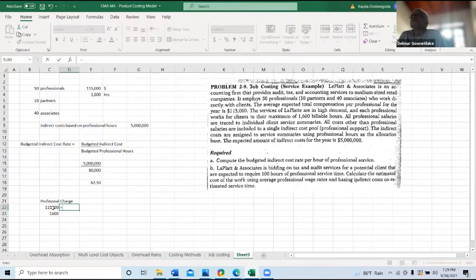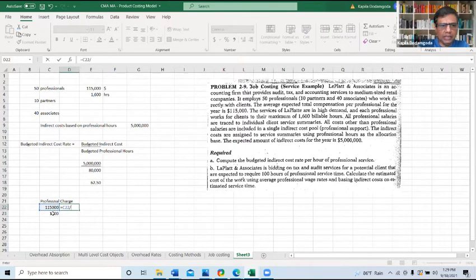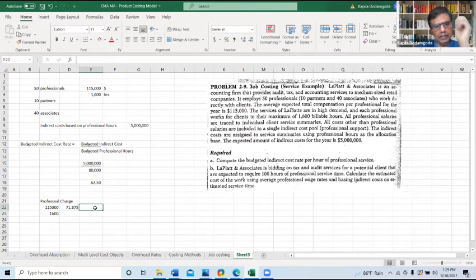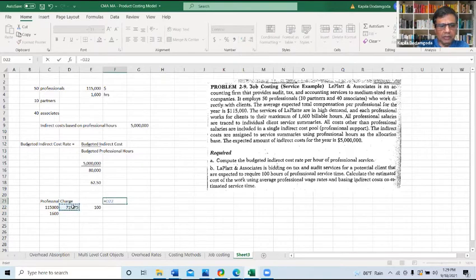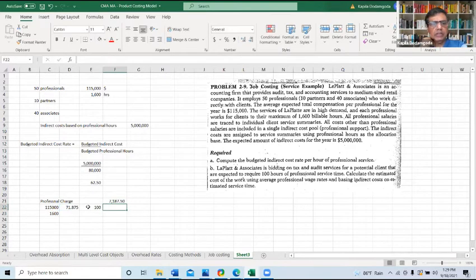The rate will be this much. And on how many hours are we going to charge? 100 hours. So the provisional charge will be 71.85 multiplied by 100. So this is the 7,187. This is what it is, right?